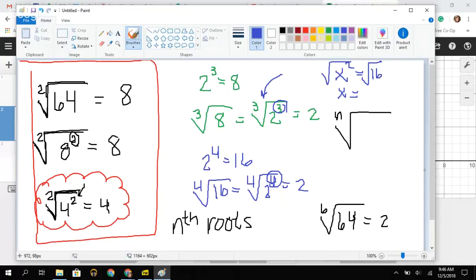So taking roots is really helpful because it helps us get rid of that exponent if we're trying to solve an equation. That's why we care about them.